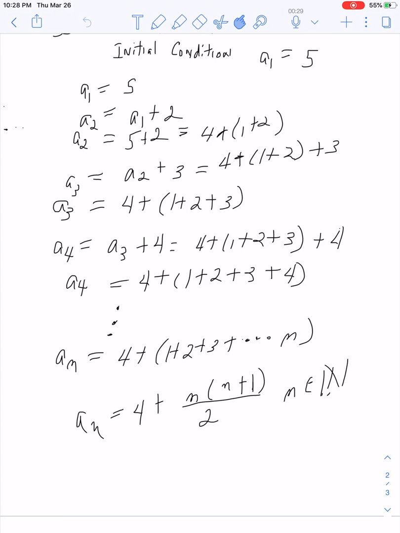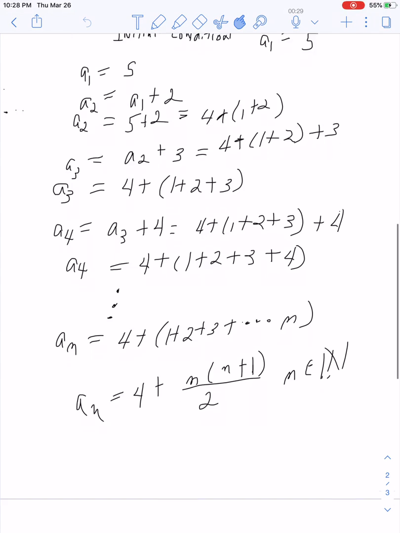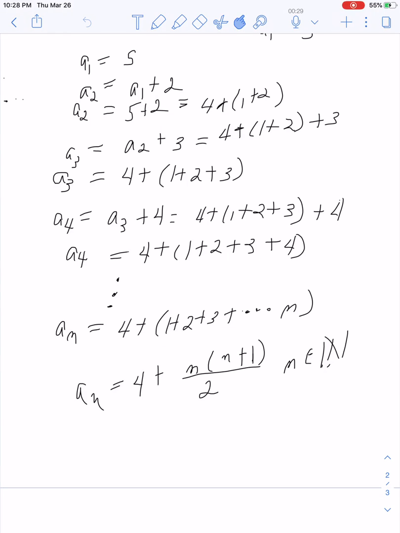And hence, I have now solved that recurrence relation. That is, I have a formula for the recurrence relation. And it's good for any n element of the natural numbers, which I'm going to remind you is the set 1, 2, 3, 4, 5, etc.